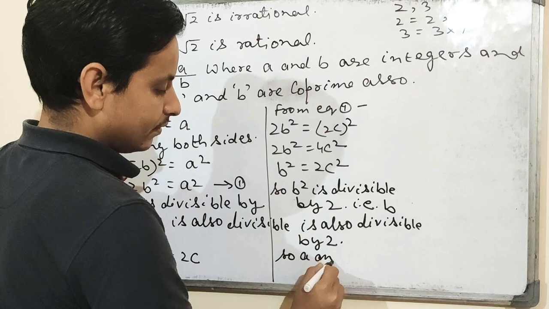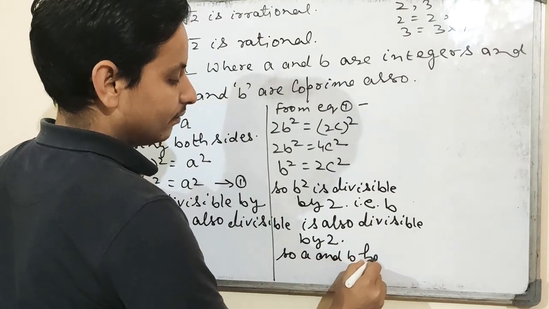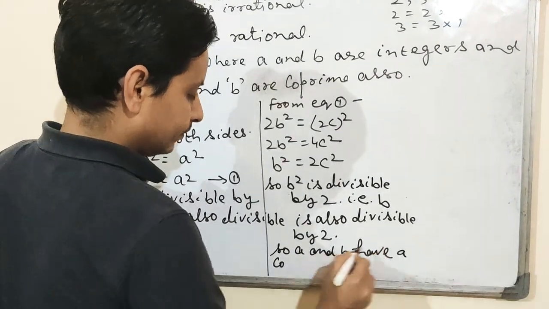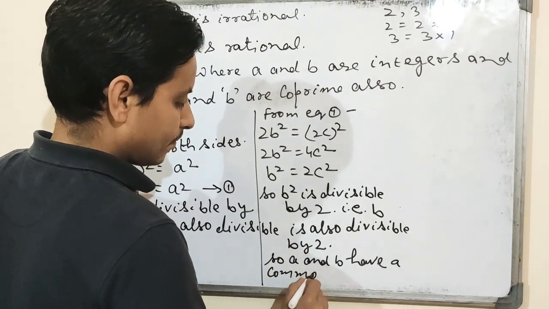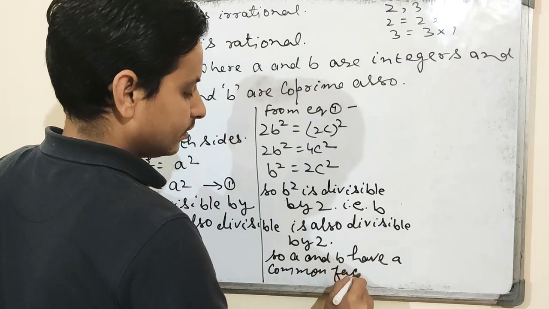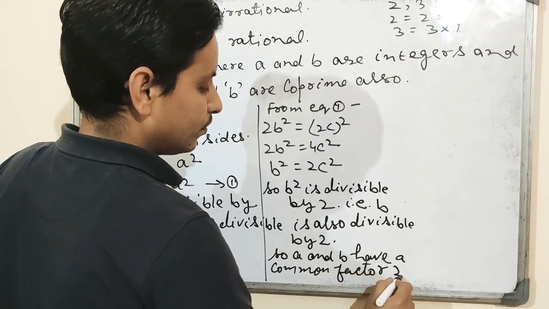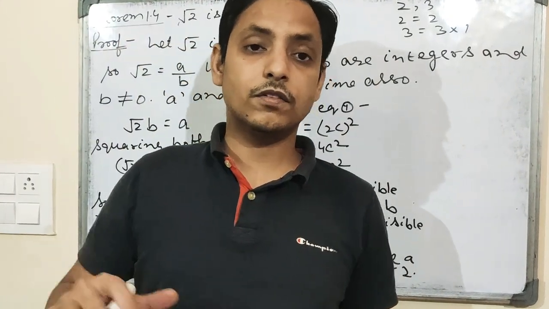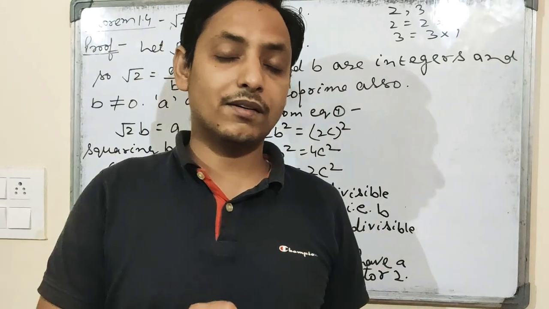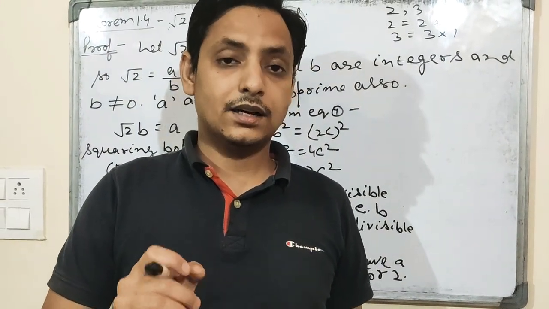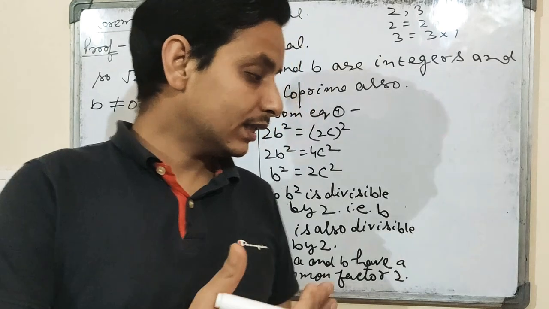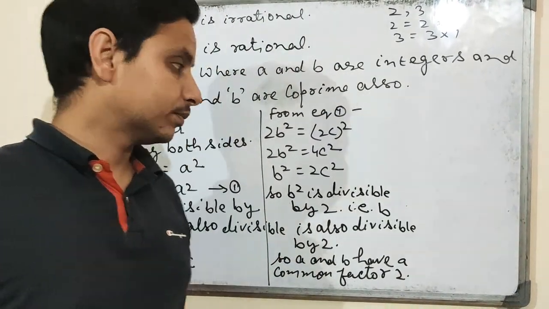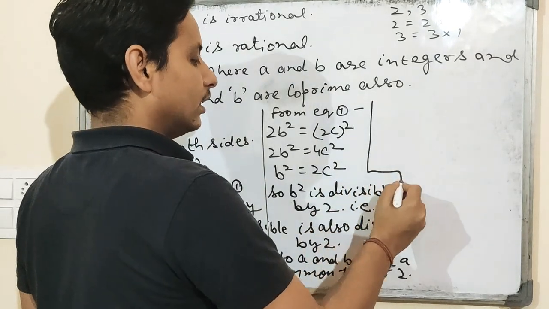This is a contradiction, because on one hand we are saying that a and b have only one common factor, that is 1, and on the other hand we are saying that they have a common factor 2. This is a contradiction.